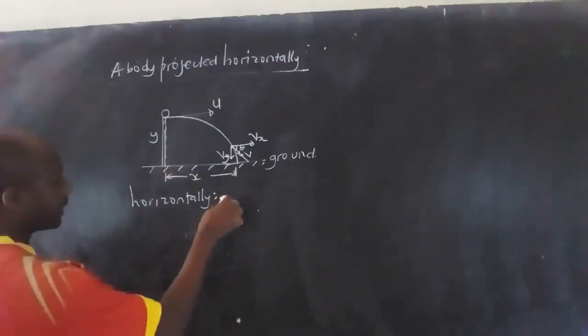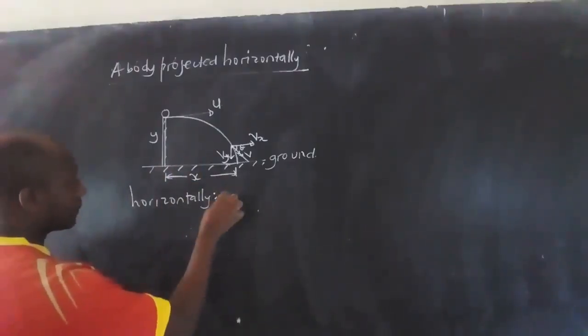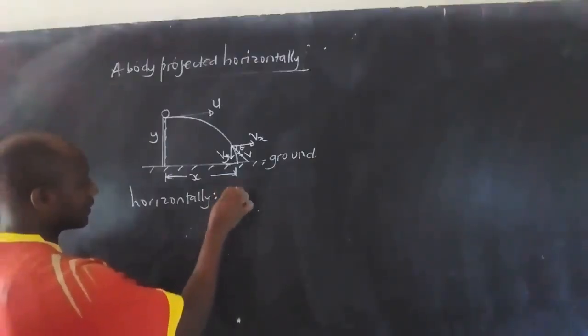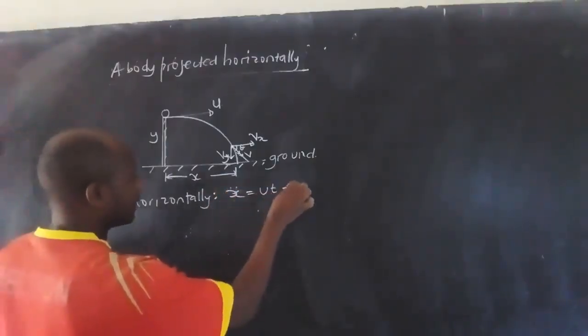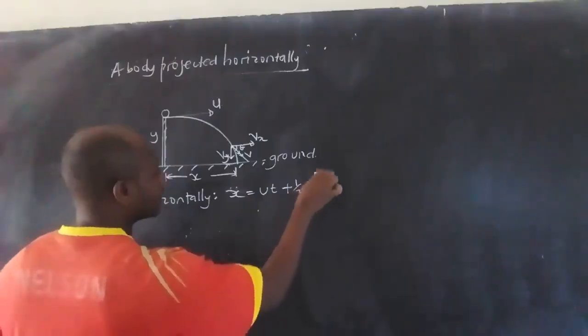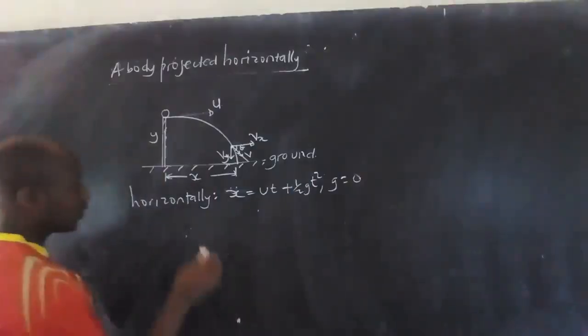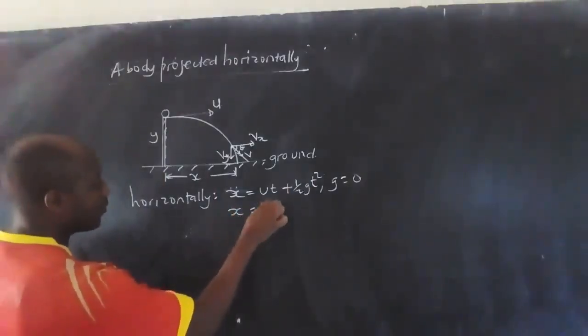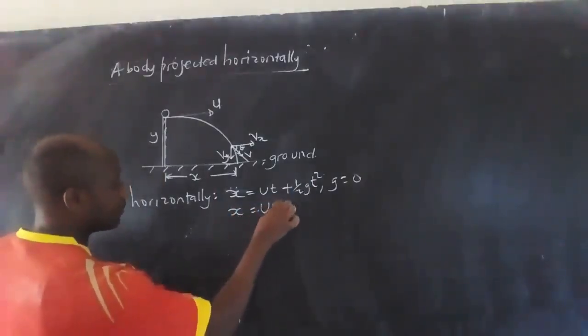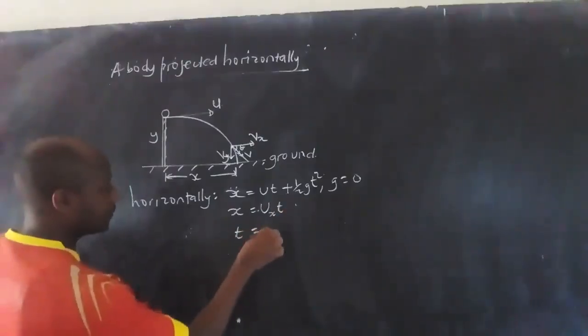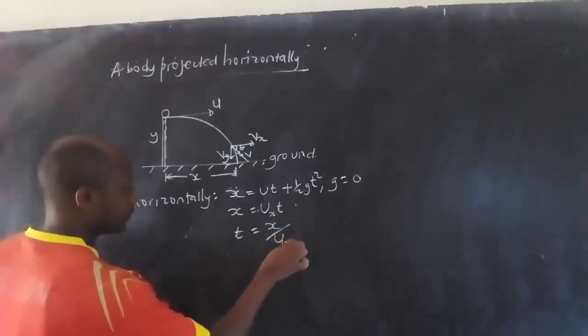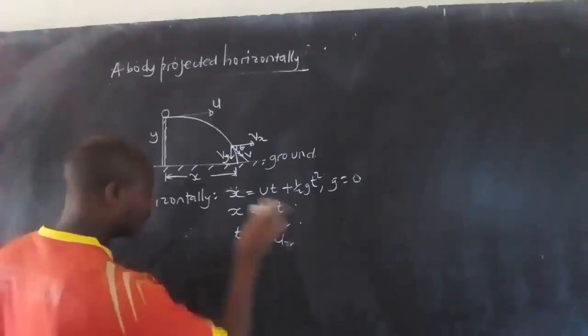Horizontally, x is equal to ut plus a half gt squared. It's a plus because it is moving downward. But our g is equal to 0, so x will become ux t, so our t will become x over u.